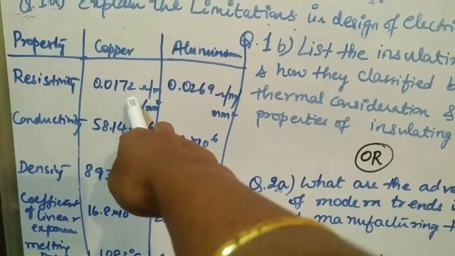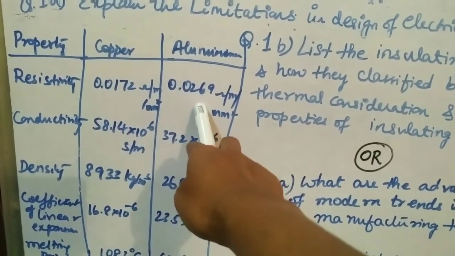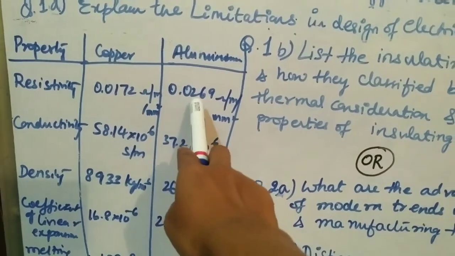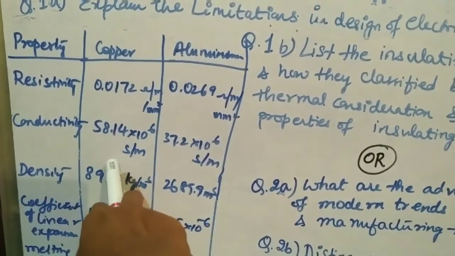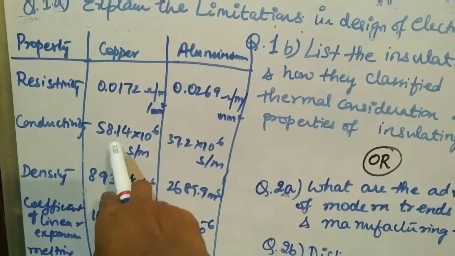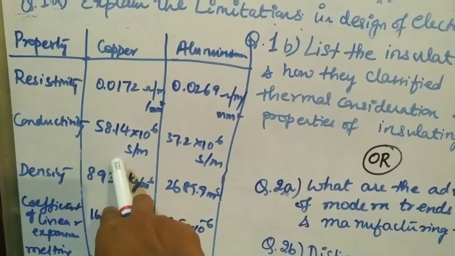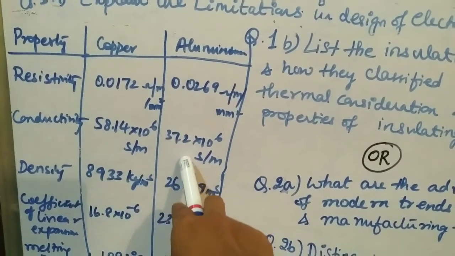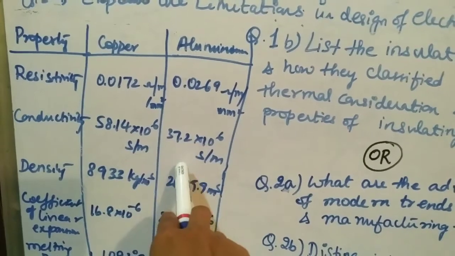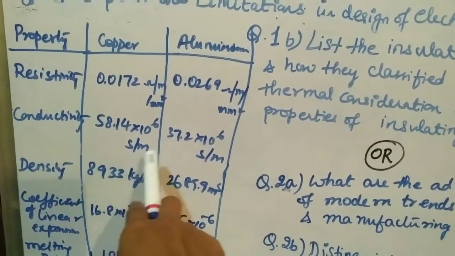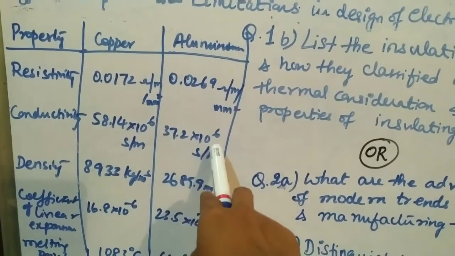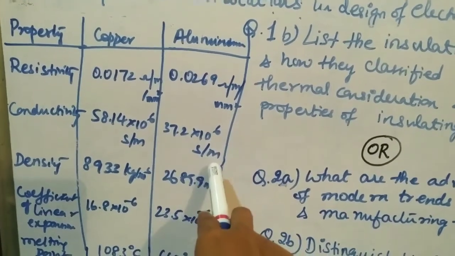Resistivity is 0.0172 for copper, whereas for aluminium it is 0.02. It is more in aluminium, whereas the conductivity of copper is more compared to aluminium by this factor: 58.14 for copper and 37.2 into 10 power 6 Siemens per meter for aluminium.